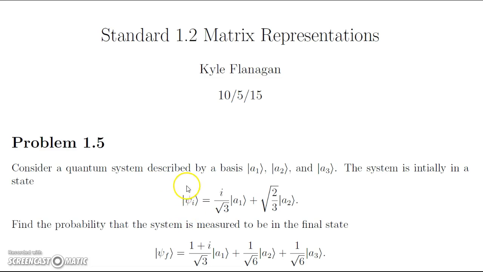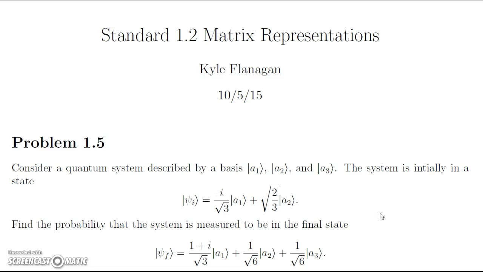Because here we have a general quantum state, represented by the A1, A2, A3 basis. And we want to represent these two states, psi initial and psi final, using their matrix representations. And then we're going to be able to simplify the work. This is going to be good practice because we're going to continually do this to reduce the complexity of our work.